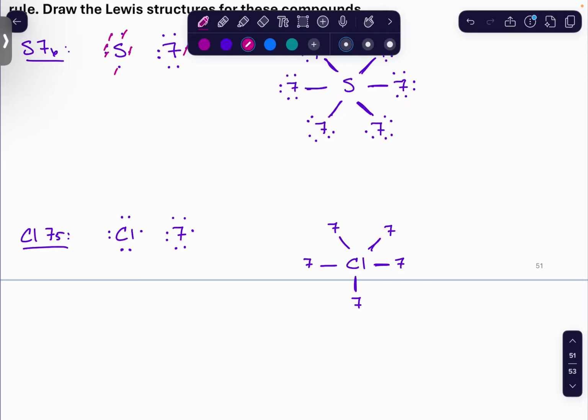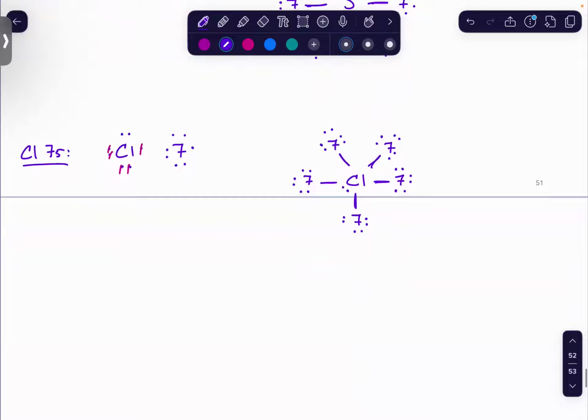It has 5 bonds to it. So that means I used 1, 2, 3, 4, 5 of the electrons around it. You see that lone pair that's left over? Well, we have to put that back in there. We'll go ahead and replace the lone pairs around the fluorines. And then the chlorine has to have a leftover lone pair for itself. So that puts 12 around the chlorine.